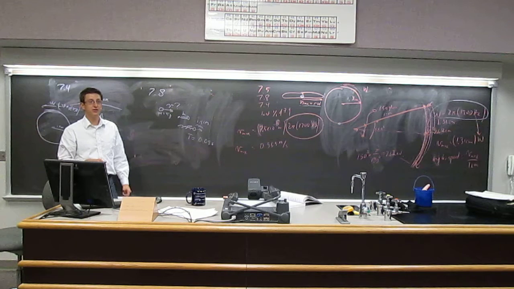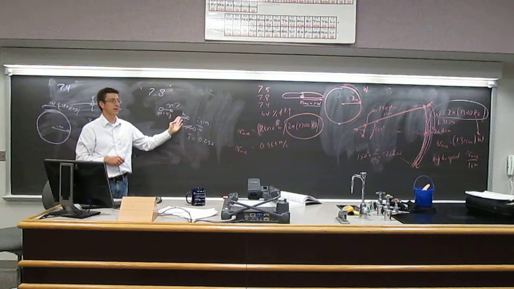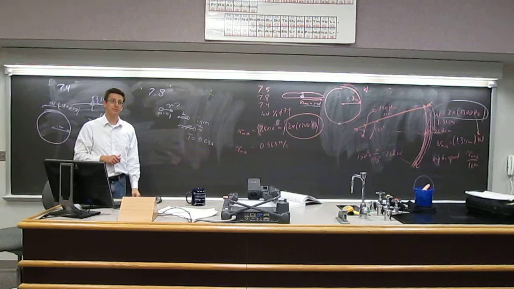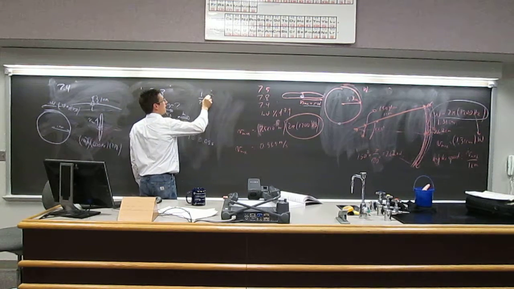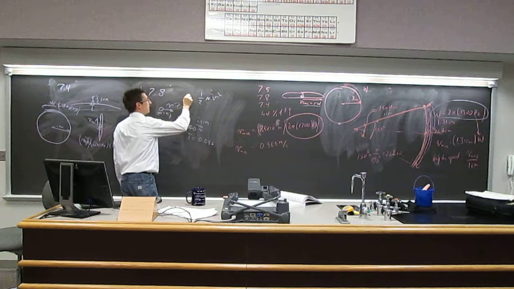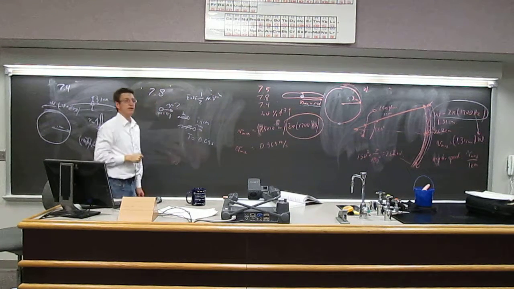Assuming this was conservative, the energy should be the same before it hits the web, and then after it hits the web. So initially, the energy was 1/2 mv squared. That's the initial energy.